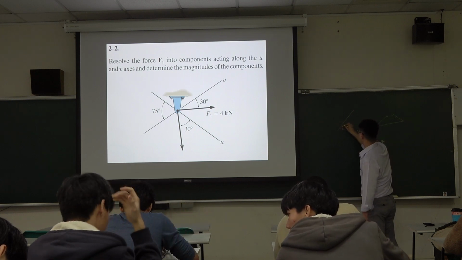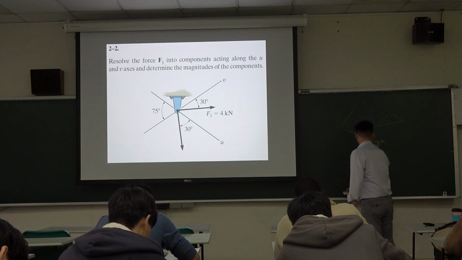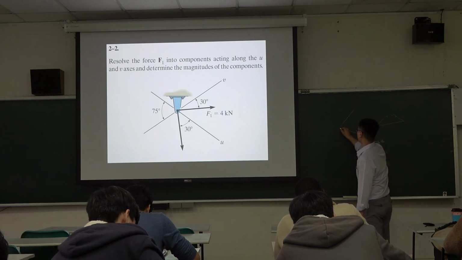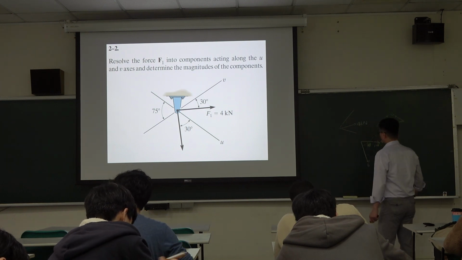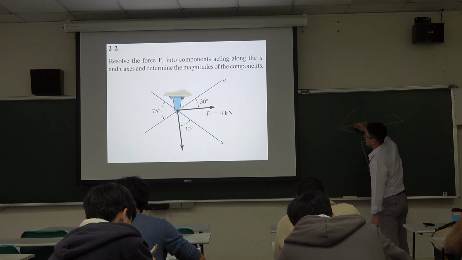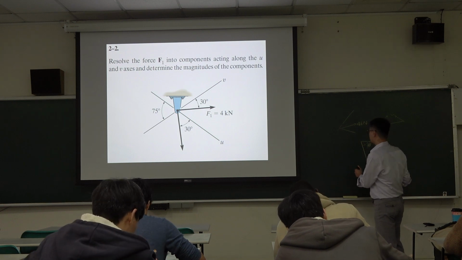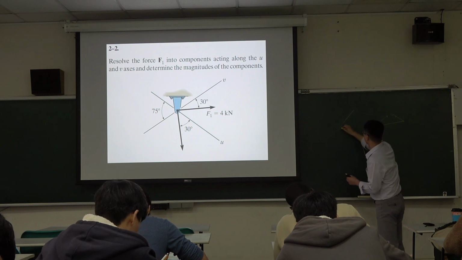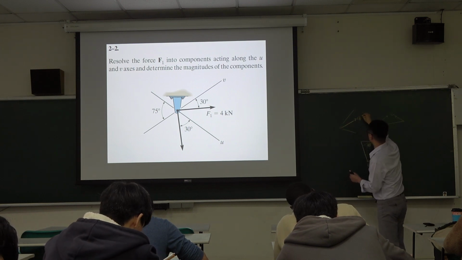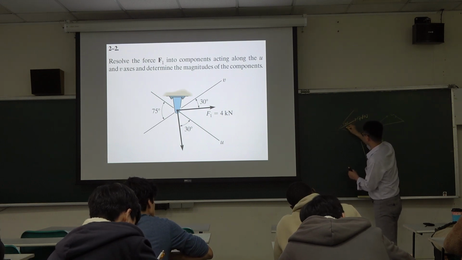So we already know here is 75. So we have force 4 kilonewton here. And they want to work out the components. 4 kilonewton. So here is 30 degrees. Here is 45 degrees.